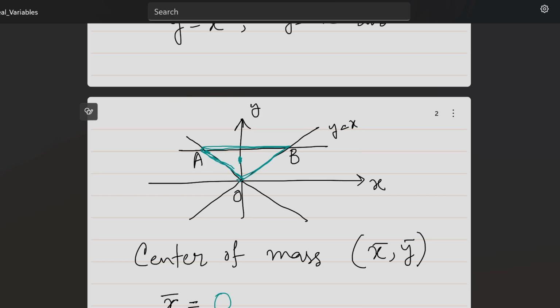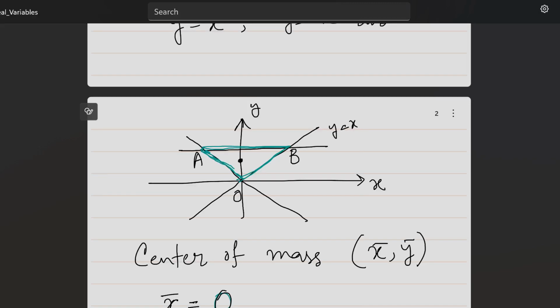Perfect. Because the region is symmetric about the y-axis, the x coordinate of the center of mass should be on the y-axis. So that means x coordinate is 0. So no need to calculate.